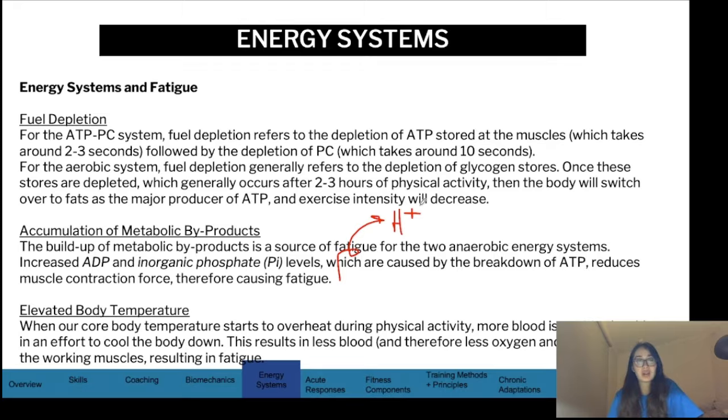As a result of that, you are going to be experiencing more fatigue because of the accumulation of those hydrogen ions, which can interfere with the acidity at your muscles. Okay? So once again, those hydrogen ions are problematic, and really elevated body temperature is a common cause of fatigue for the aerobic energy system. But you can see that this fatigue isn't really the fault of the aerobic system, but rather the fault of the anaerobic system.